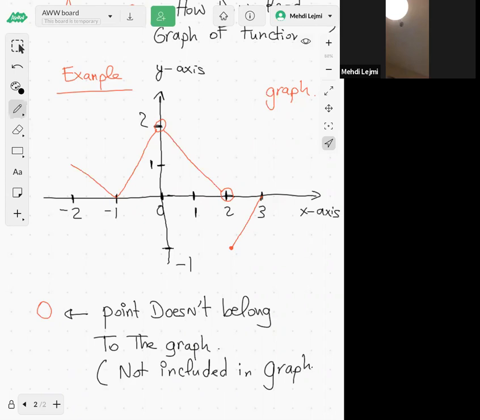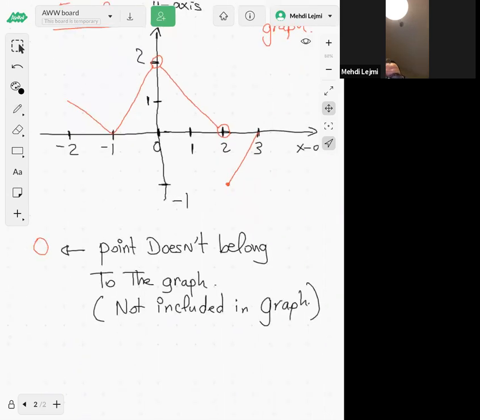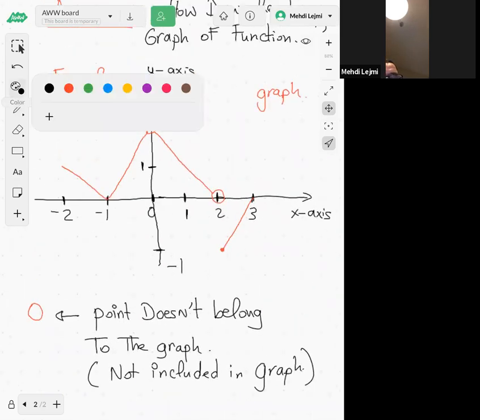Okay. Now, I'm going to try to read this graph. Let's say this is the graph of my function f, graph of f of x.